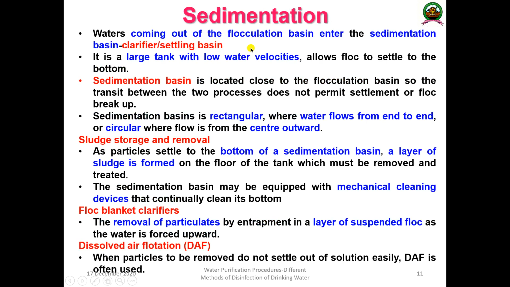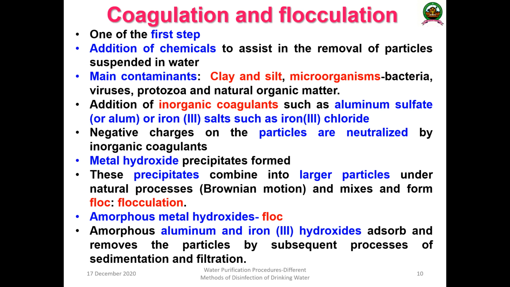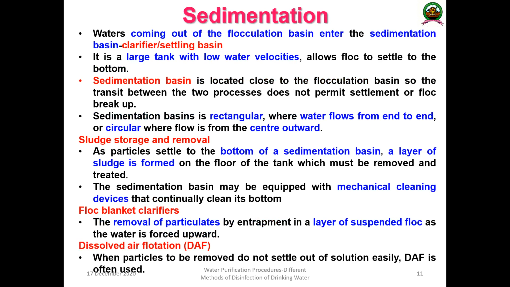Then the next one is sedimentation. The water coming out of the flocculation tank from the previous step will enter the sedimentation tank, known as the sedimentation basin, clarifier or settling basin. It is a huge tank with low water velocities, which allows the flocs to settle to the bottom.